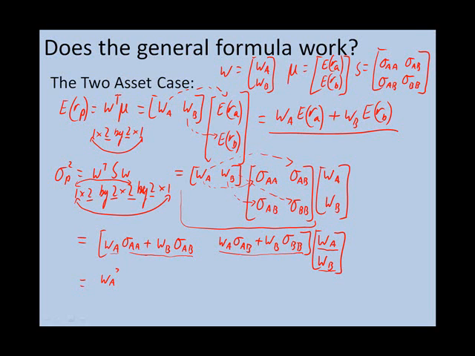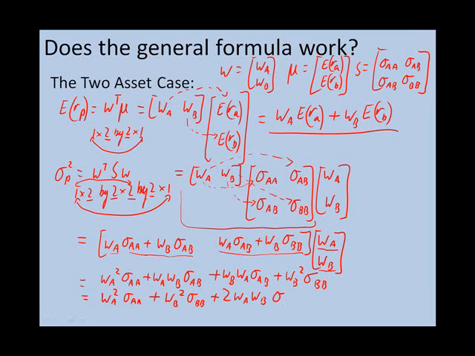We're going to get WA squared sigma AA plus WA WB sigma AB plus WB times by WA sigma AB plus WB squared sigma BB, which if we simplify this down, we get WA squared sigma AA plus WB squared sigma BB plus 2 WA WB sigma AB.